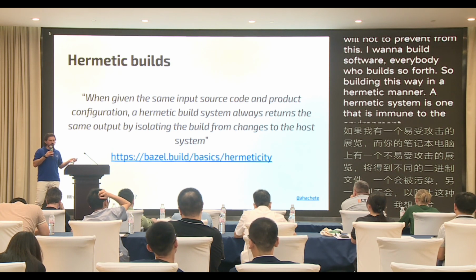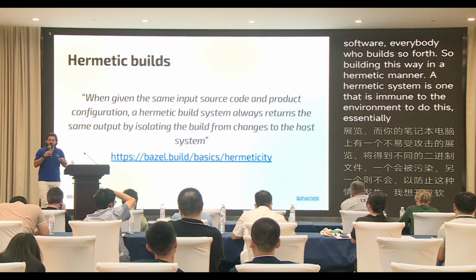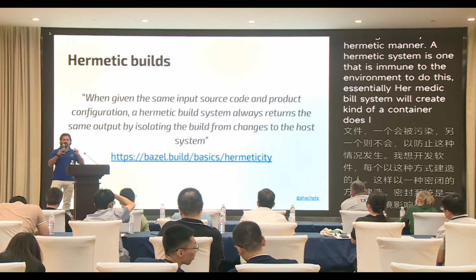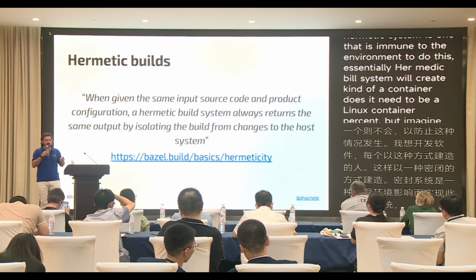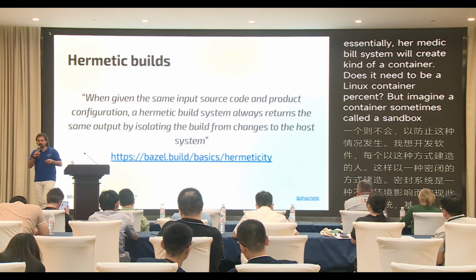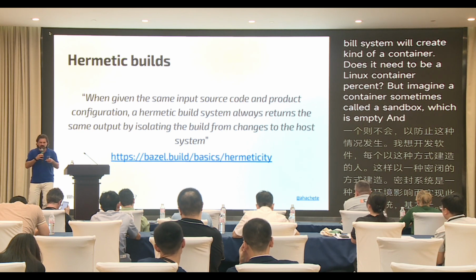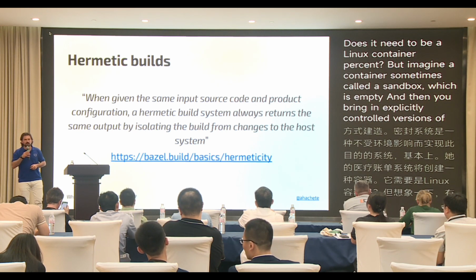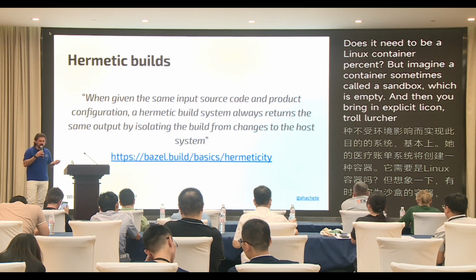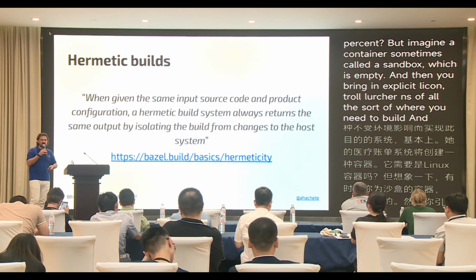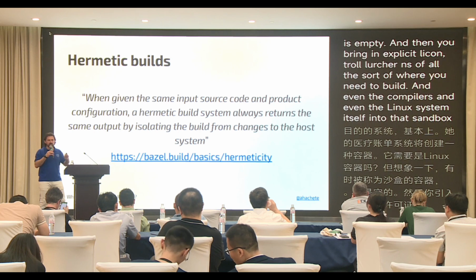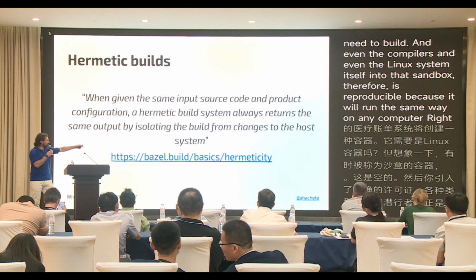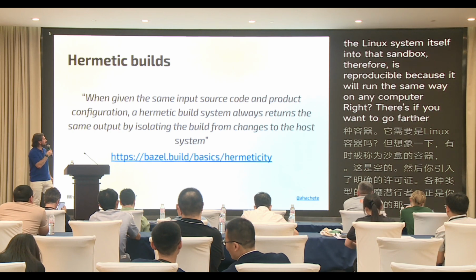Essentially, a hermetic build system will create a kind of container. It doesn't need to be a Linux container per se, but imagine a container, sometimes called a sandbox, which is empty. Then you bring in explicitly controlled versions of all the software you need to build, even the compilers and even the Linux system itself, into that sandbox. Therefore, it's reproducible because it will run the same way on any computer. If you want to go further, there are definitions of hermeticity here.